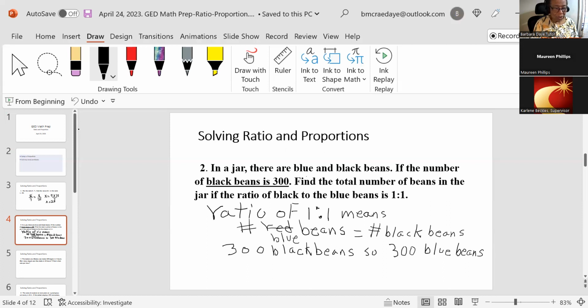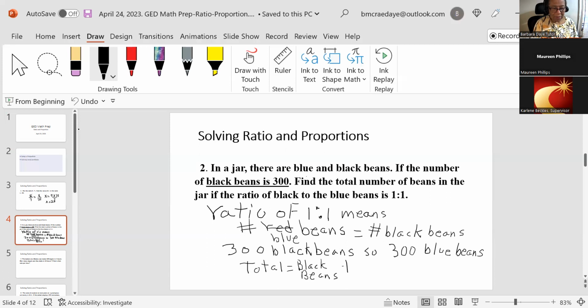So total equals black beans plus blue beans. That's how you get the 600.